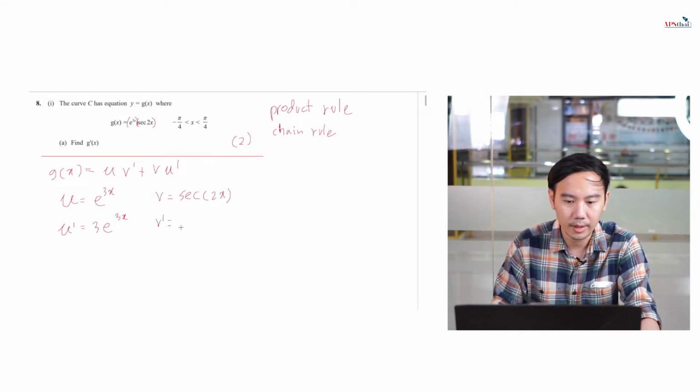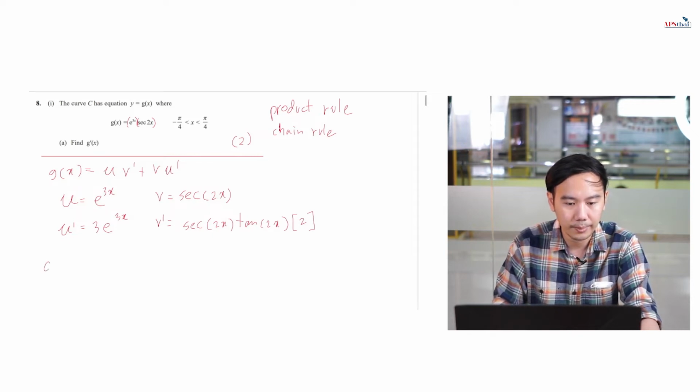The differentiation of v is going to be, well, if you differentiate sec you get sec tan, so it's sec 2x tan 2x, and since this is a function inside of a function, we have to apply the chain rule. So you also have to multiply it with the differentiation of 2x, which is just 2.